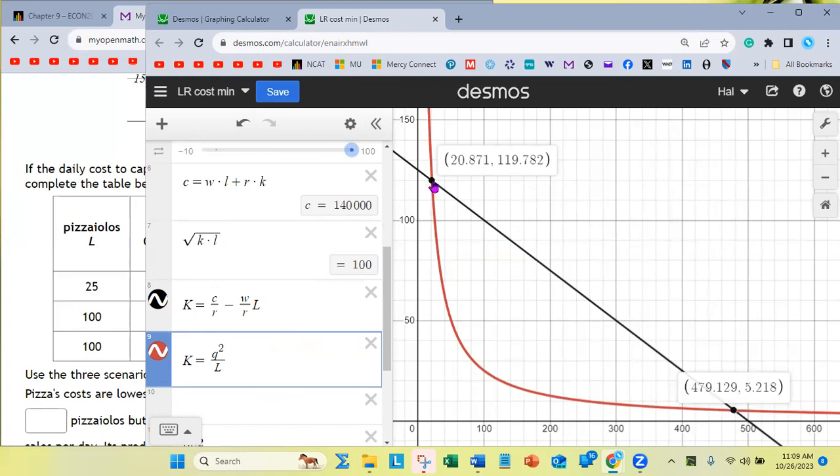How much can we produce at this point with 21 units of labor and 120 units of capital? Well, we're only producing 50,000 pizzas a day. What happens if we hire 480 pizza workers and we only have 5 pizza ovens?